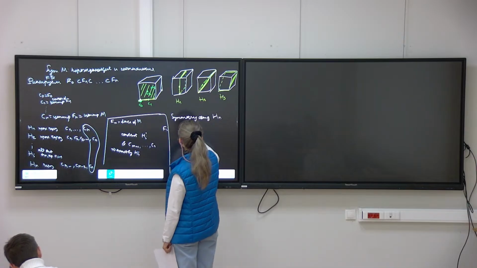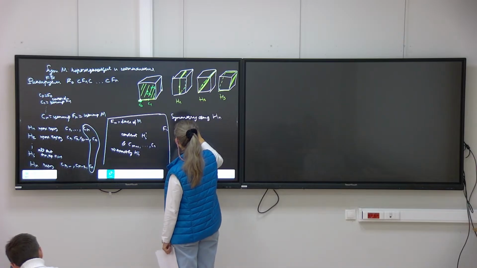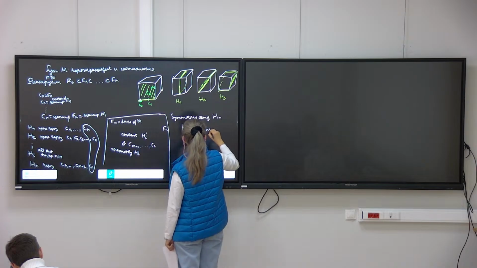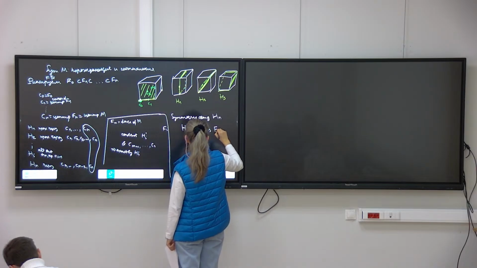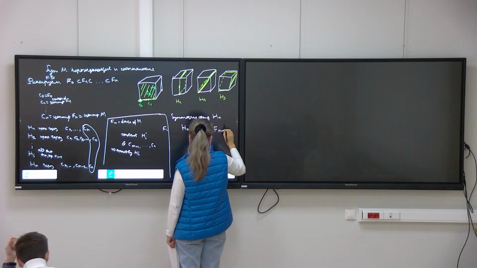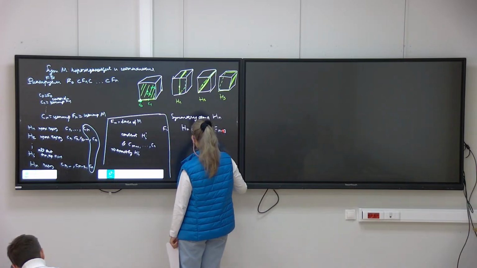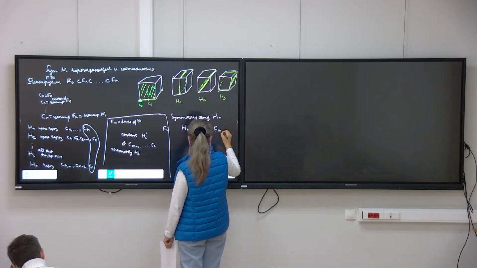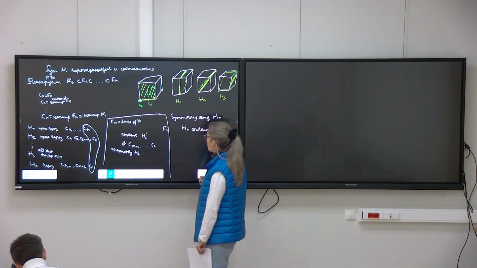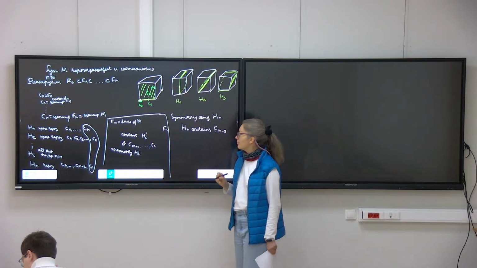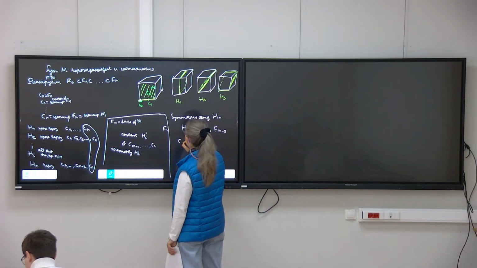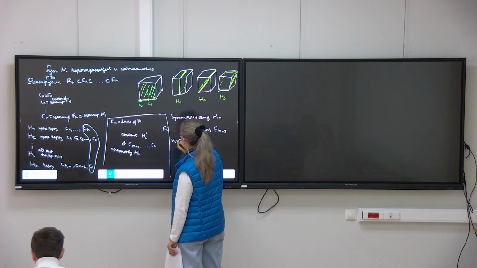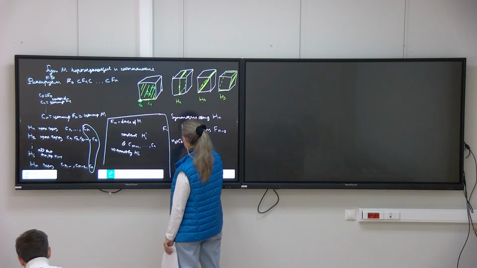We say that Hn contains the face F_{n-2}. Why? Hn contains C0.